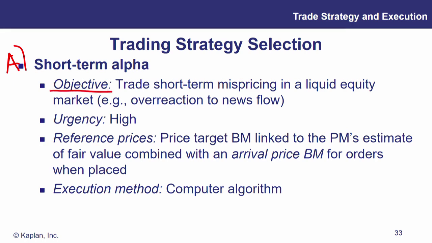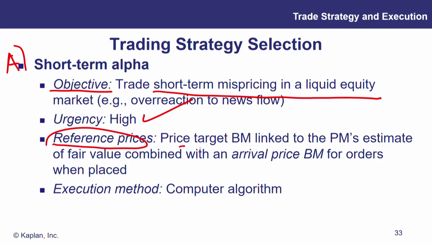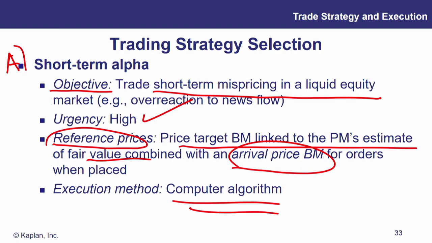What is the objective? I want to trade short-term mispricing. I have a high urgency. What do I want to use as a reference point? Go ahead and use that price target that's linked to the portfolio manager's estimate of fair value. And then I also want to consider arrival price when the order is placed. What execution method am I going to use? Most likely a computer algorithm.